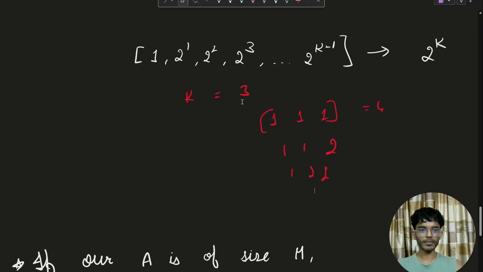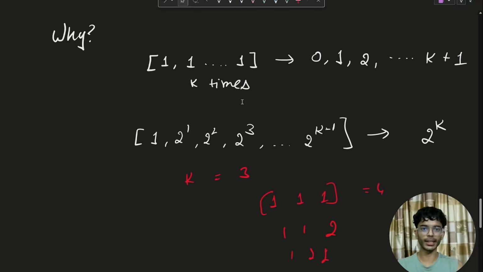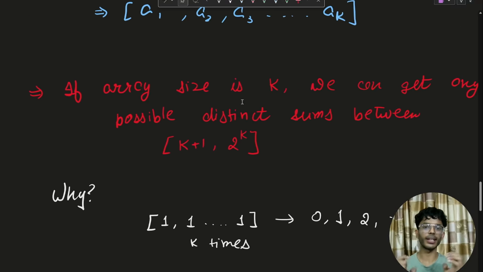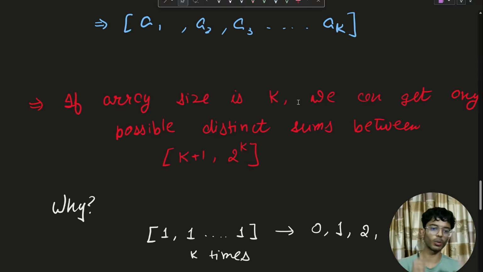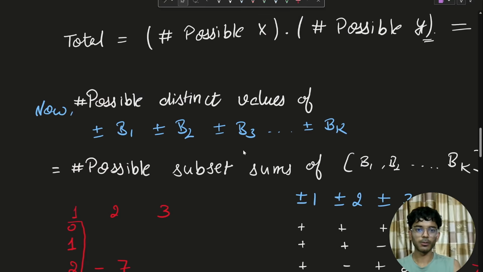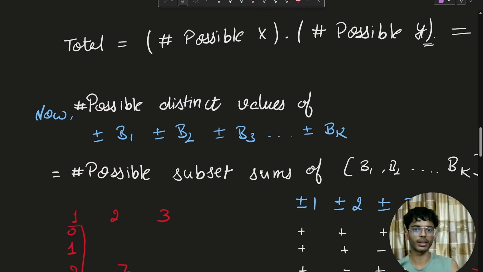So right now we have figured out that if we have an array of size k, we can get any number of distinct sums that we want between k plus 1 and 2 raised to the power k.